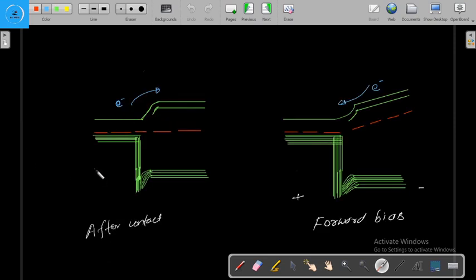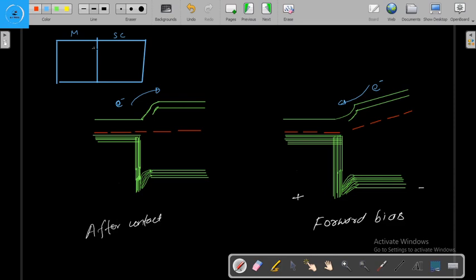So here, between the metal and the n-type semiconductor, the metal can easily release or escape the electron.